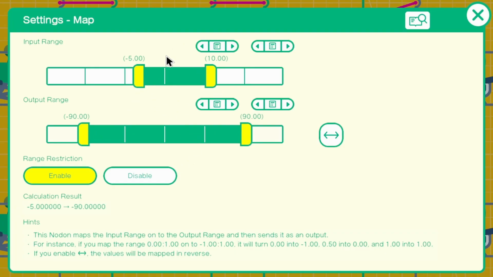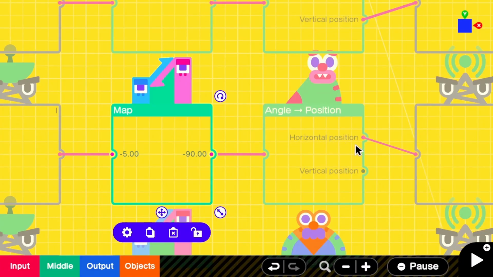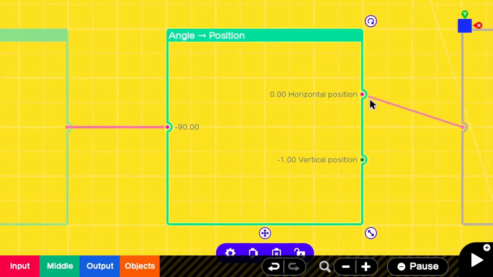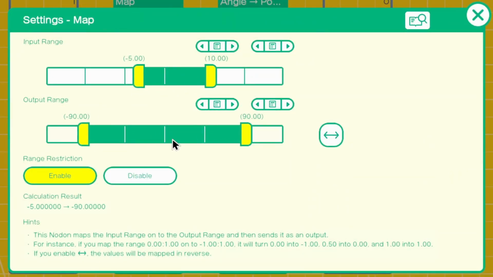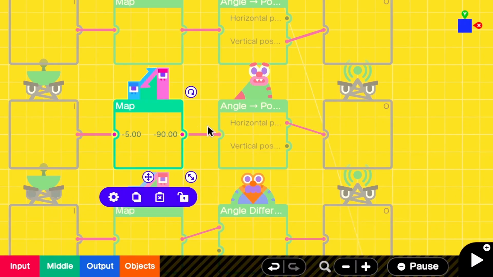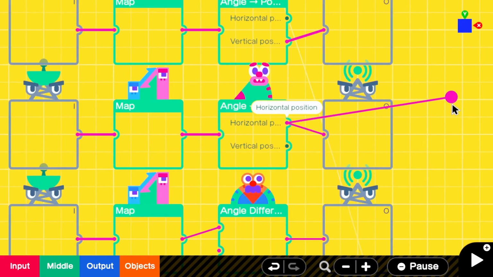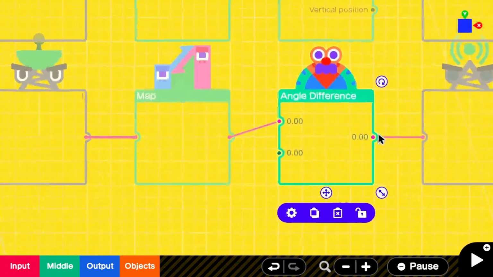And this will do the same thing as before, where if the input is less than here or greater than here, it's gonna send -90 or 90 to the angle position and therefore make the horizontal output 0. And any value in between these will be some value in between this, and output a non-zero value and activate logical nodons.